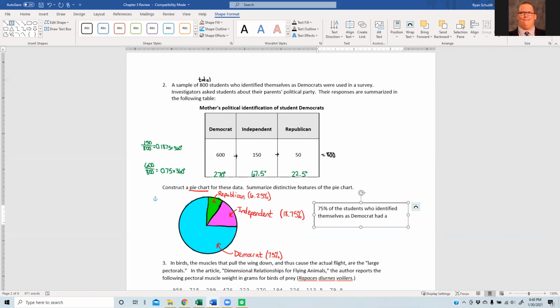It says this is the mother's political identification, not the father's. Had a mother who was also a Democrat, while only 6.25% had a mother who was Republican.